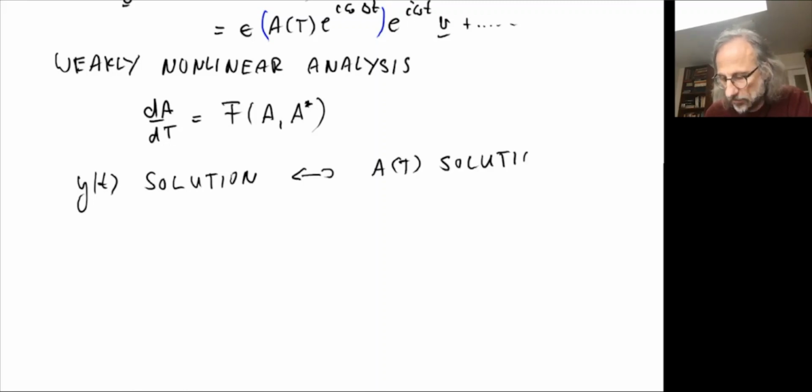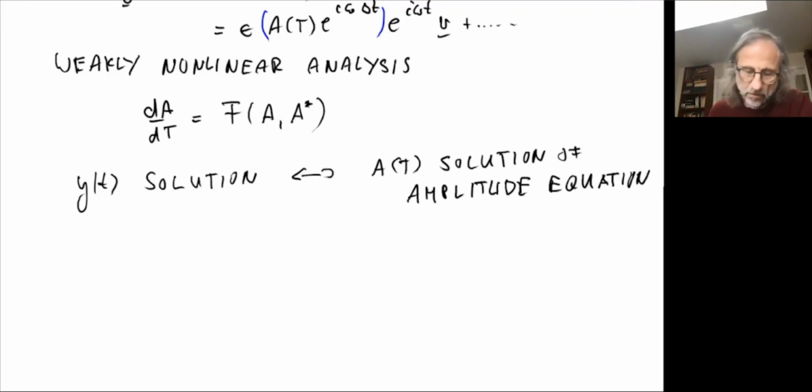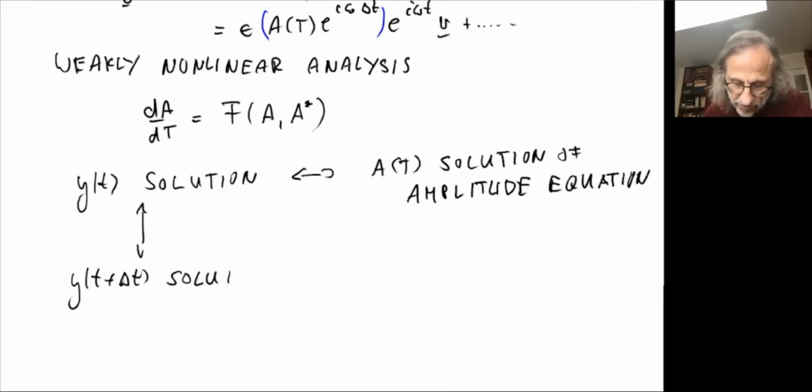I mean, that's the point of this whole analysis, right? Amplitude equation. Okay. Now, we know because of the time translation symmetry, if y of t is a solution, then y of t plus delta t is also a solution of these original equations.